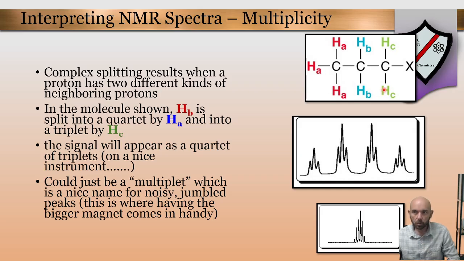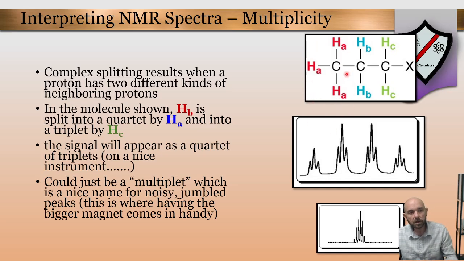So what that means is we could have two scenarios depending on the specifics of the signal. You have a complex splitting pattern where the signal for the HB wants to be split into a triplet because of the two C neighbors, but it also wants to be split into a quartet because of the three A neighbors.